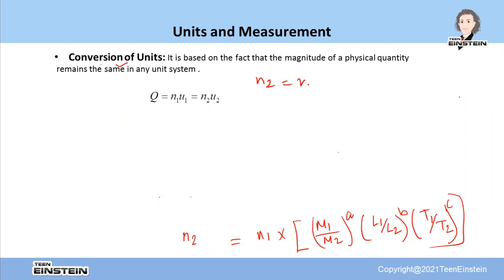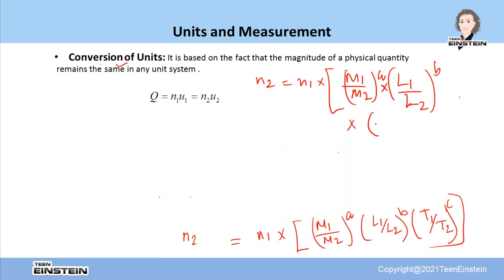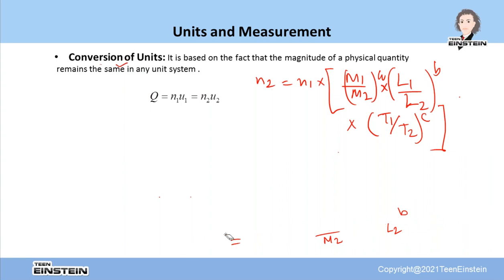What I have got: N2 is equal to N1 into, and then T1 by T2 to the power C. This is the thing. Now I can use this dimensional formula to convert a physical quantity from one unit system to another. Let me take one simple example.